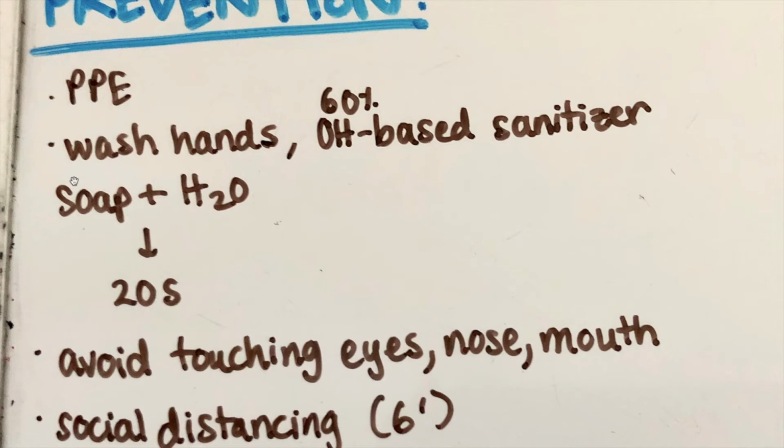Whether or not you have coronavirus, you should be washing your hands thoroughly with soap and water for at least 20 seconds. Or an alternative to this could be using an alcohol-based hand sanitizer that has at least 60% alcohol. So make sure you avoid touching your eyes, nose, and mouth, and your face in general, because coronavirus can survive on surfaces outside of the body.